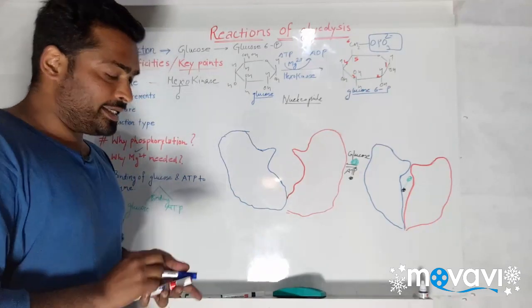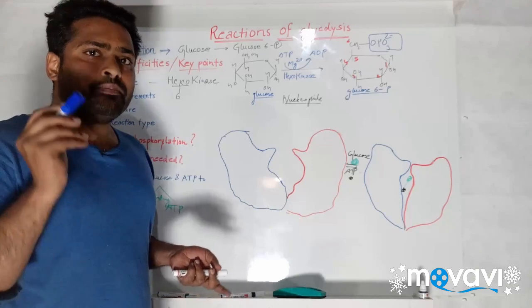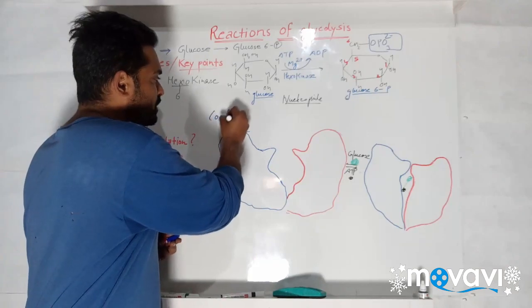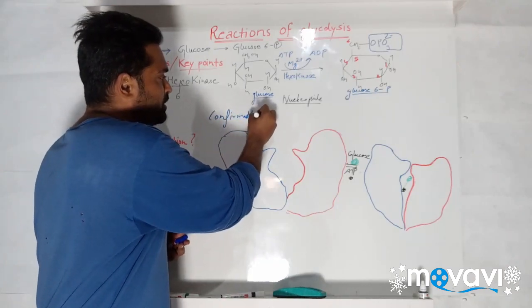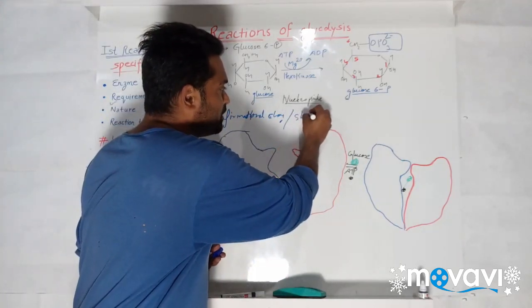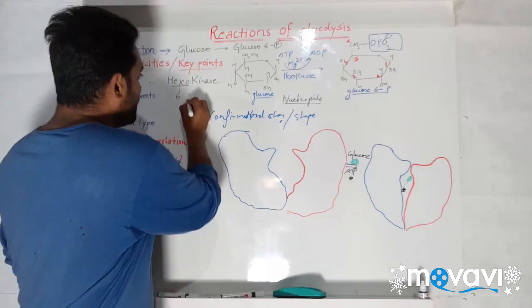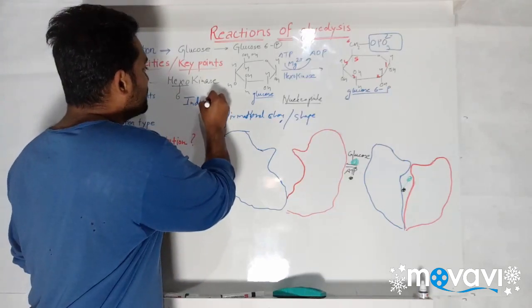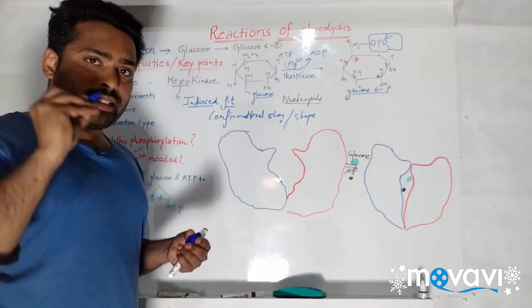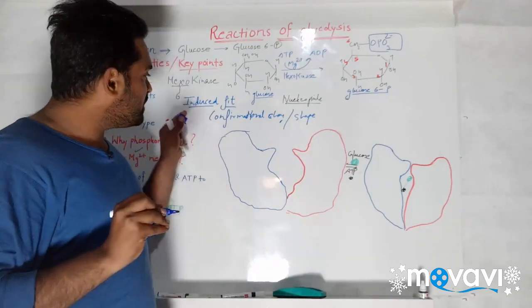When the enzyme binds to glucose, there is a conformational change, or simply, the shape of the enzyme is changed, and that change we call induced fit.